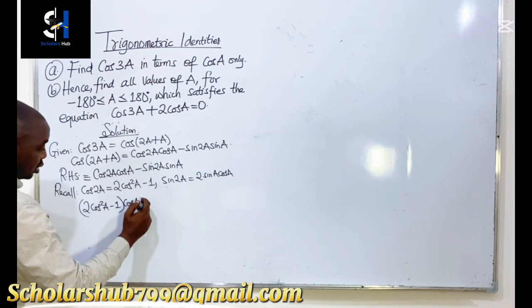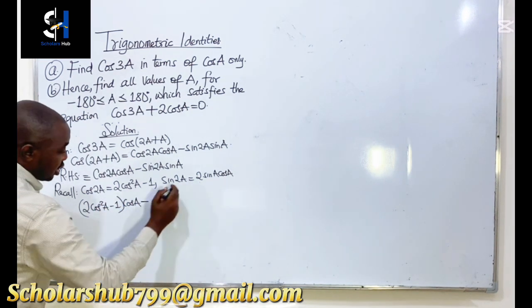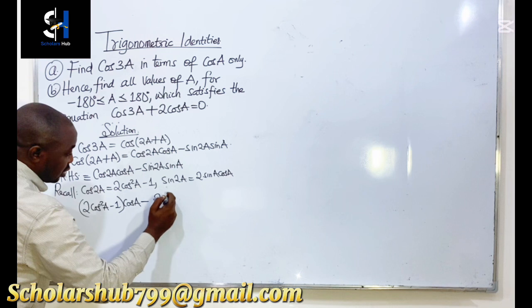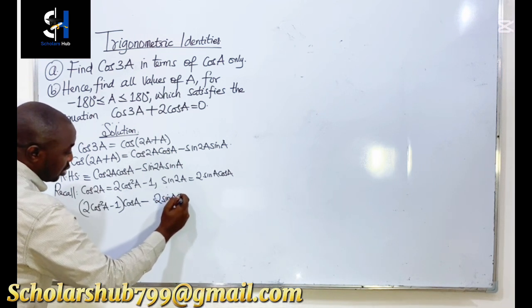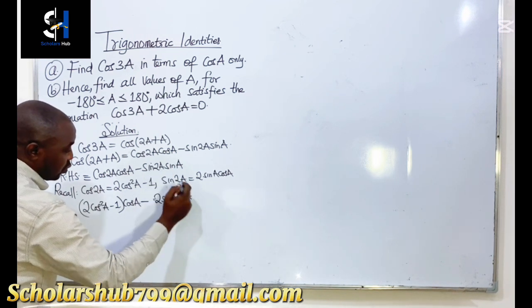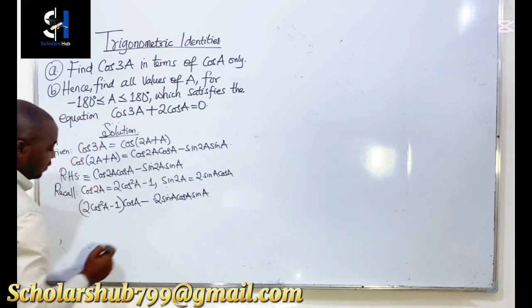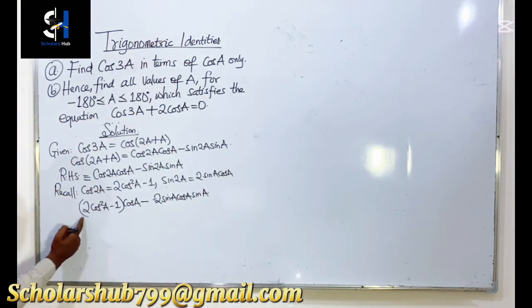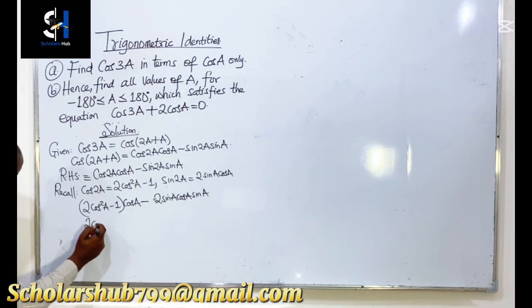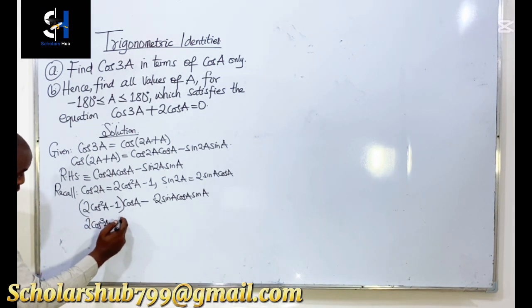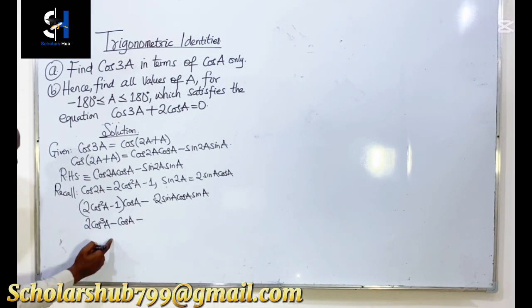Then negative, now we know that sine 2A will be 2 sine A cos A, then multiplied by sine A. We open the bracket, removing this parenthesis, we're going to have 2 cos cubed A minus cos A negative.